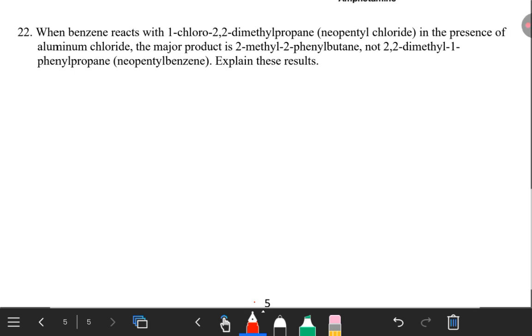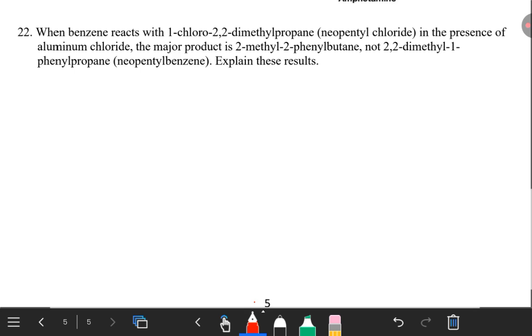The question reads: when benzene reacts with 1-chloro-2,2-dimethylpropane, which is also known as neopentyl chloride, in the presence of aluminum chloride, the major product is 2-methyl-2-phenylbutane, not 2,2-dimethyl-1-phenylpropane, which is also known as neopentylbenzene. Explain these results.